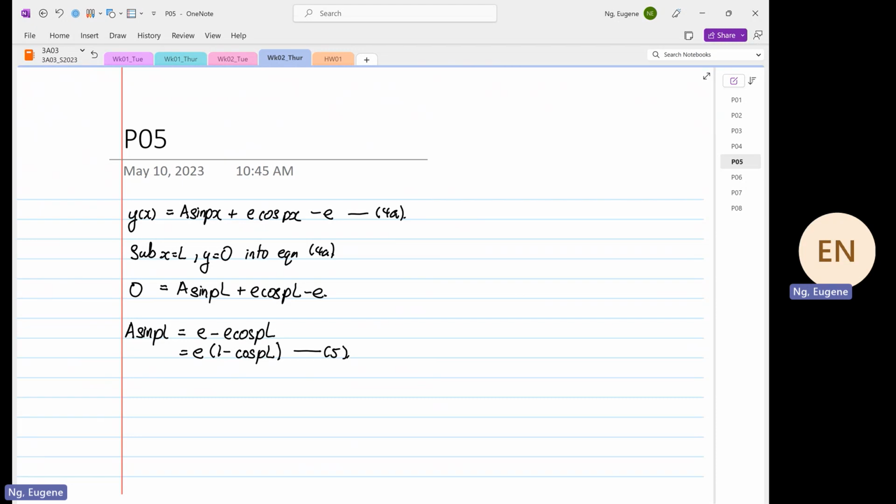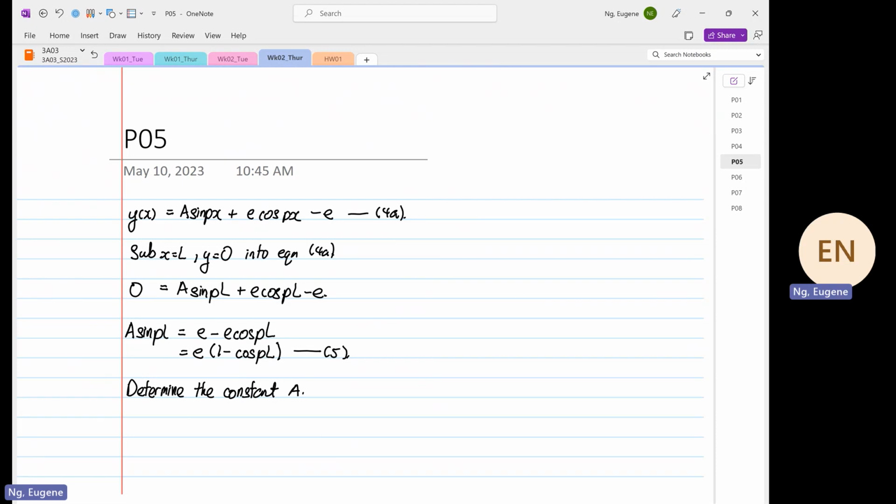So we have to do something to this relationship, and we are going to do some side work. What we're trying to do now is determine the constant A. And it's not so straightforward.